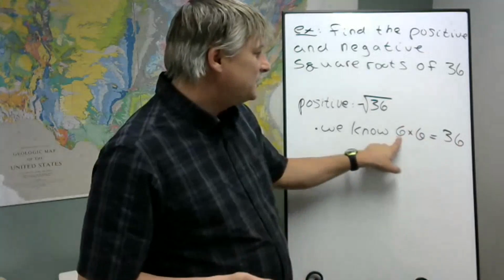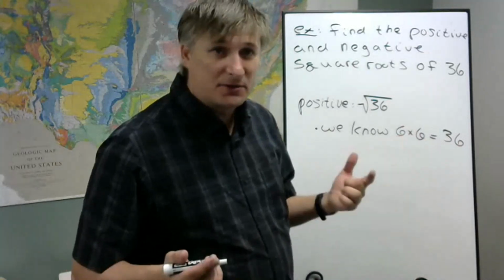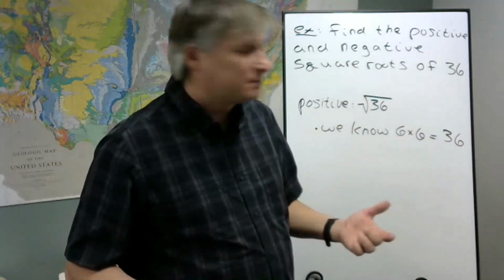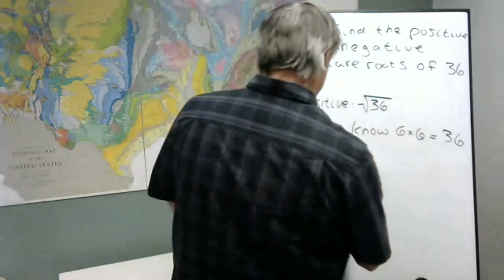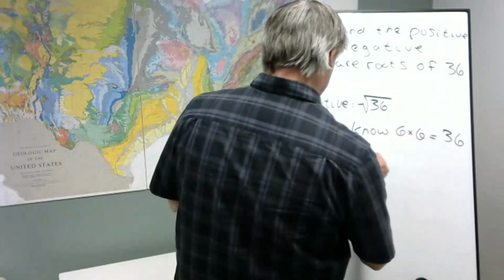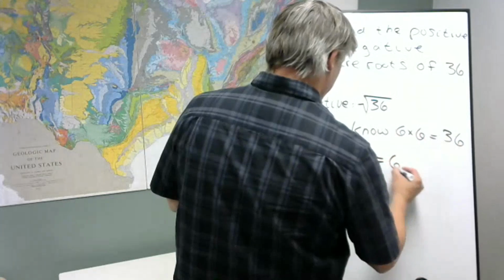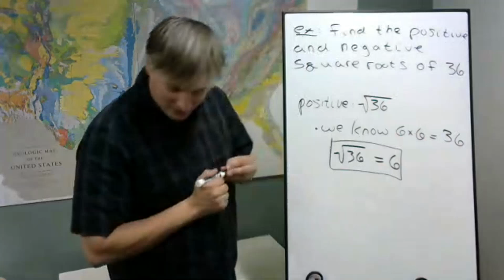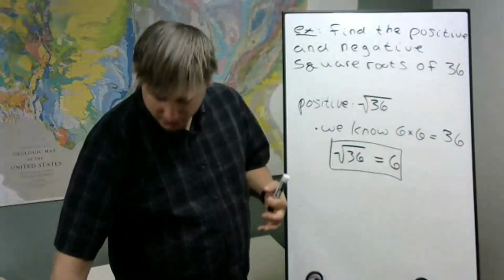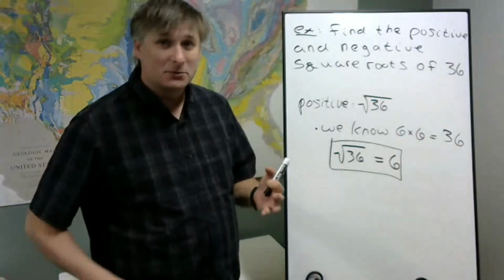So that means 6 is the square root of 36. And since these are positive, we have our positive square root. Now what about our negative square root?